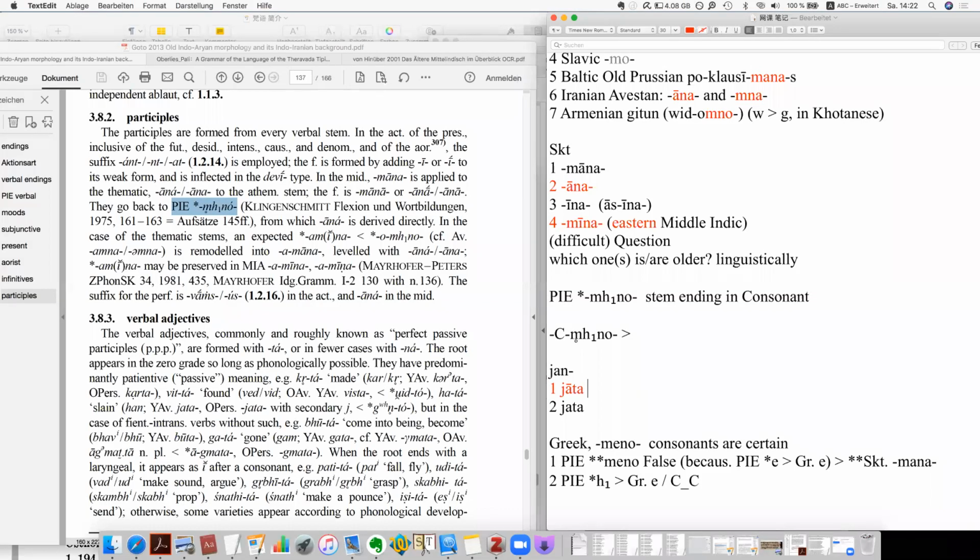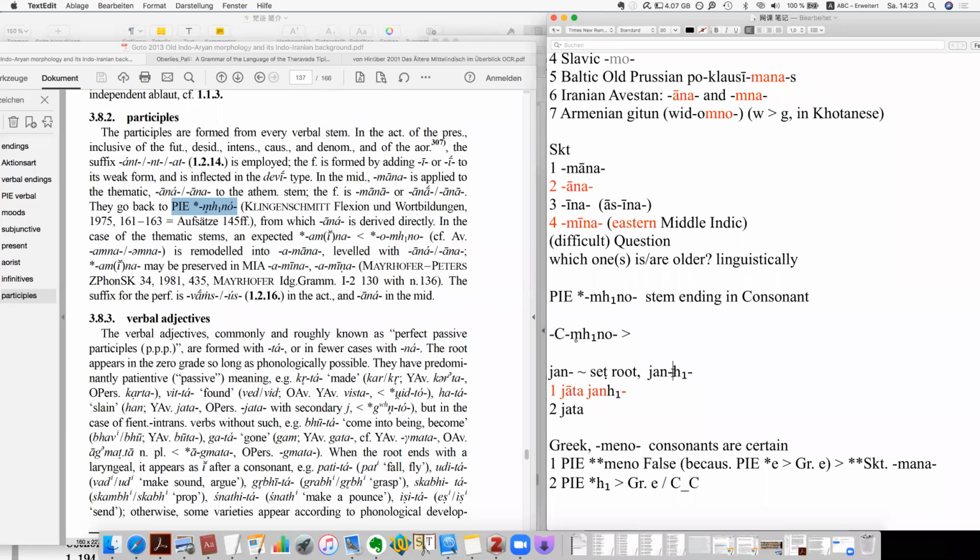Why is it jāta? Because jan goes back to a first laryngeal. So actually, jan is a set root. And what is the meaning of set root? Set root means that there's a laryngeal hidden after this.